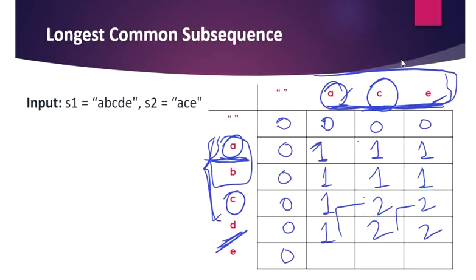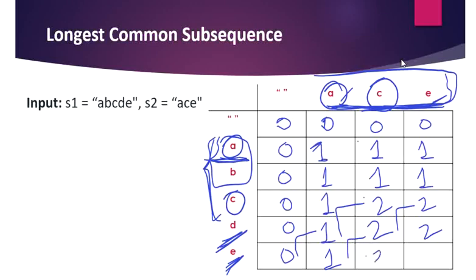And finally, filling up our last row, we're going to check whether E and A match. No, E and A are not matching, so we stay with the maximum value in these 3 cells. So simply I'm going to stay with 1, and moving on to this cell, we are going to check whether E and C match. No, E and C are not matching, so we are still going to stay with the maximum value out of these 3 cells.